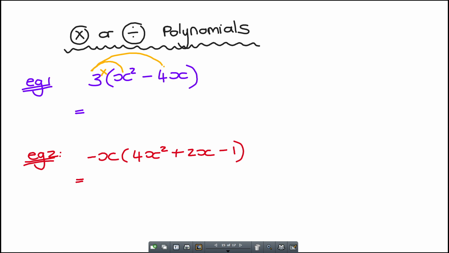Now, remember about your signs. Okay, so my answer here, 3 times x squared will become 3x squared. Okay, now 3 must also be multiplied with minus 4x. What will that give me? Minus 12x. Good. That's a well done.